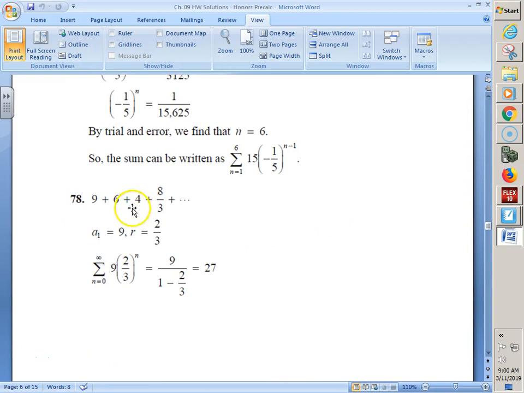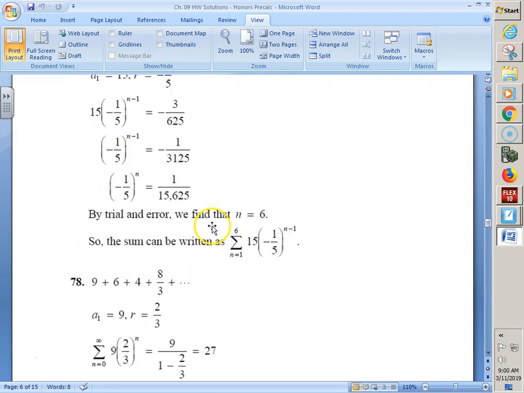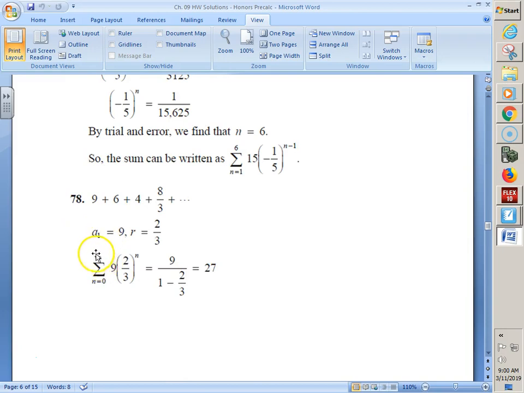Number 78. Oh, wait. Why didn't they end it? What's at the end of the series? A dot, dot, dot that says keep going and going and going. So was there an ending point? No. There was here. There was not here. So just go to infinity. And then why did this work? Because r was equal to 2/3, which meant this was a convergent infinite geometric series.